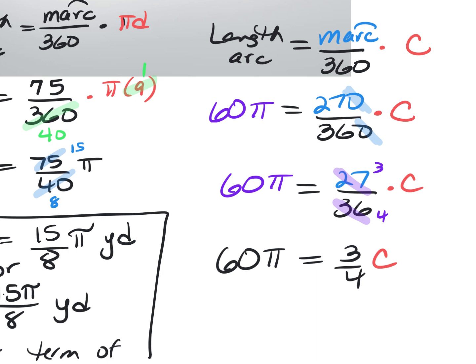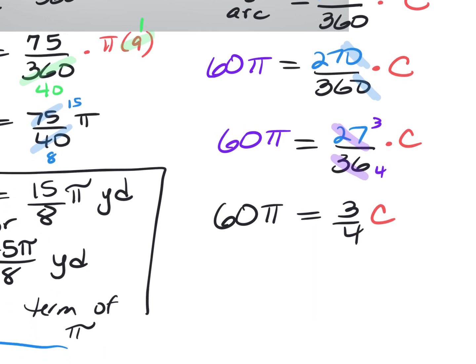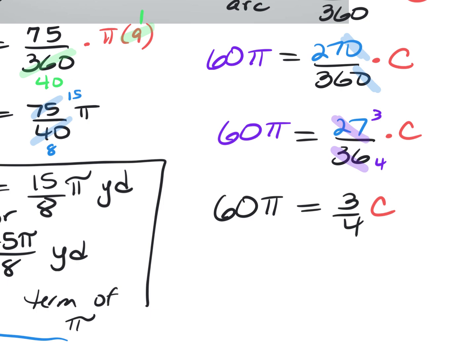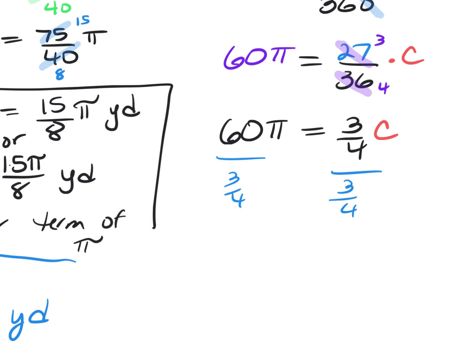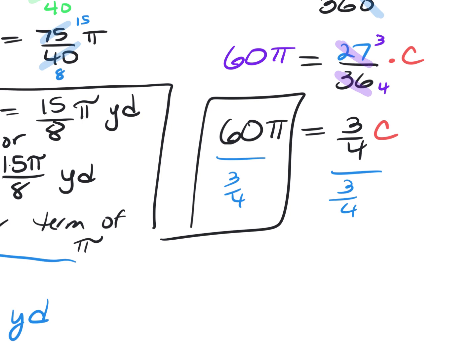I need to solve for c, so here are my algebra skills. Now I need to get c by itself, so what I need to do is divide both sides by 3/4. Remember, 3/4 divided by 3/4 just gives me the c that I was looking for.